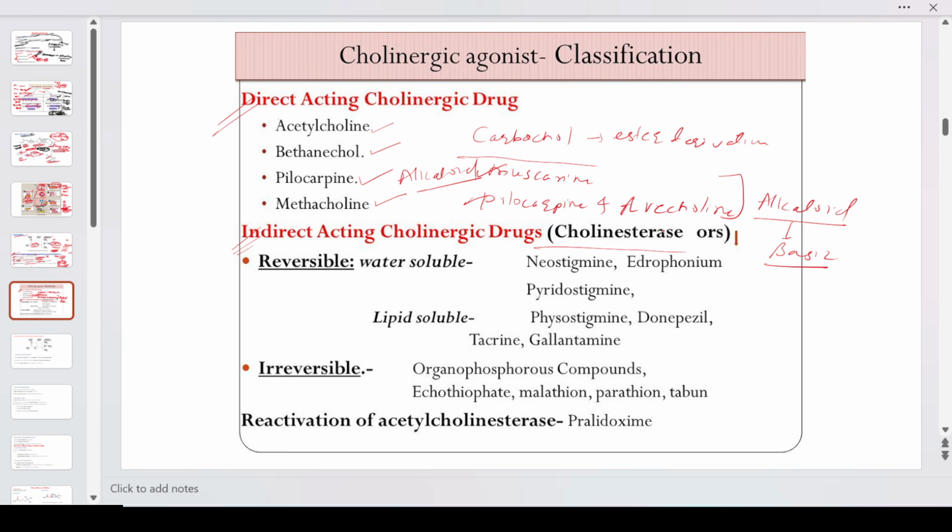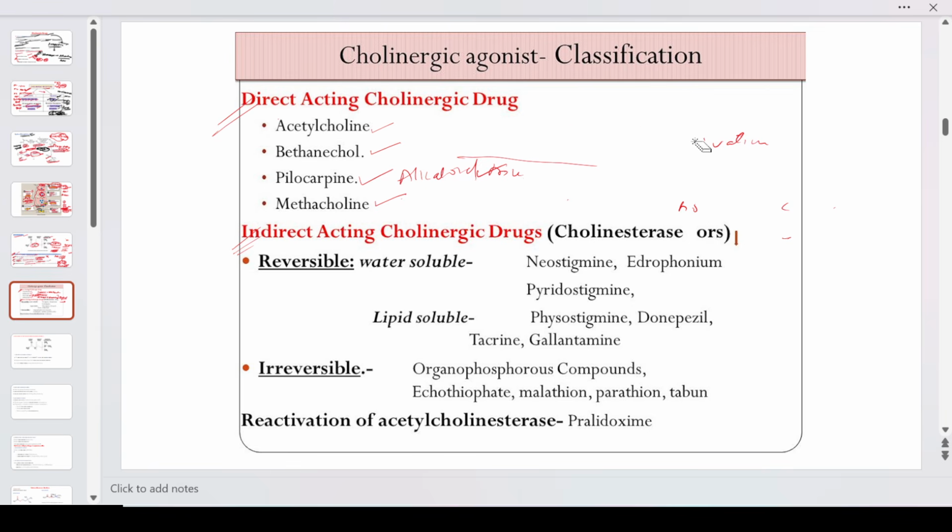So indirect acting cholinergic agents are anticholinesterases. Do you know what they do? They inhibit the breakdown of acetylcholine, so they inhibit the acetylcholinesterase.